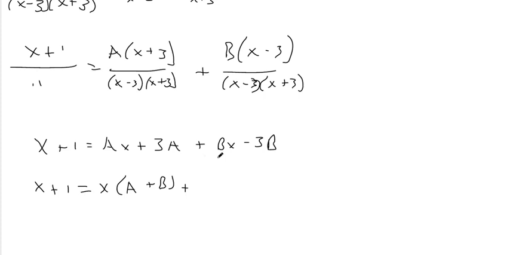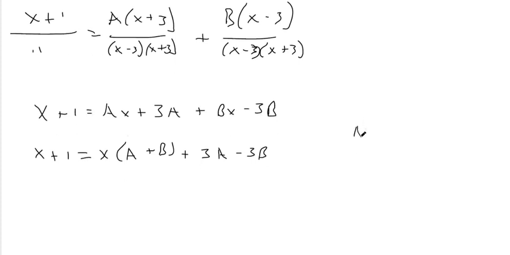Then over here, the constant's 3a minus 3b. So we know a plus b has to equal 1. In order for us to get a coefficient of 1, we know these terms have to add up to be 1. And we know that 3a minus 3b also has to equal 1, in order for these to be the same.